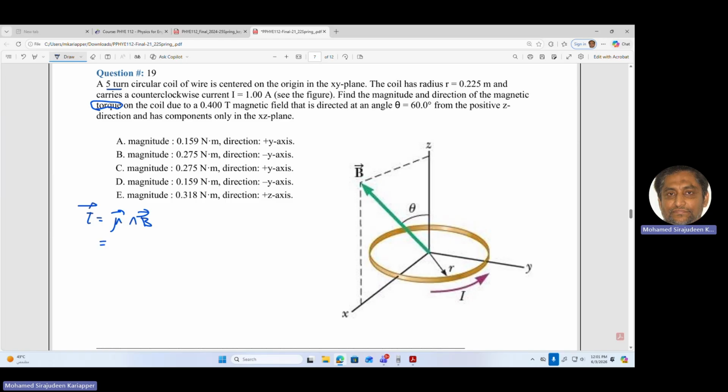So the magnitude will be mu B sine theta. Is mu given? No. But we can find the mu. This is NIA. So I can put it like that: NIA B sine theta, because I know mu is that. Okay, so I can get the magnitude first.